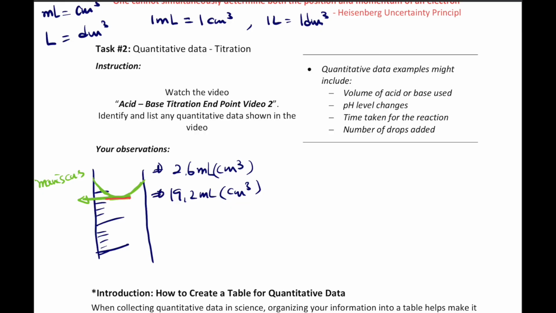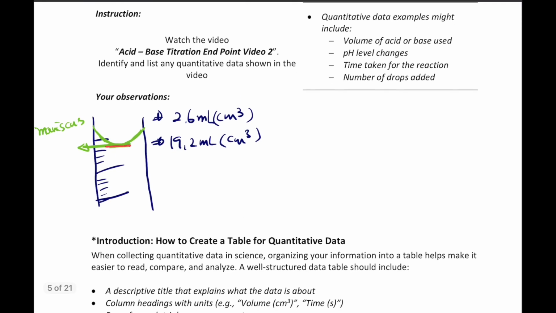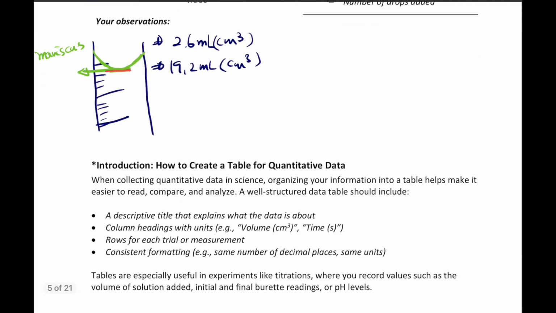However, this is not the proper way of writing your quantitative data. Okay, so here, I wrote an instruction on how to create a table for quantitative data. So now you have two measurements, but you cannot just write them this way. This is not the proper way of writing down your quantitative data.